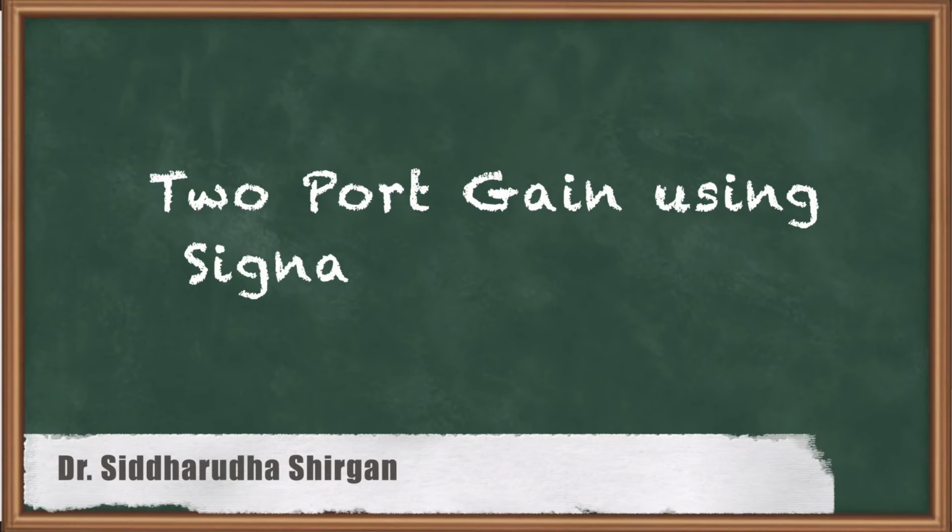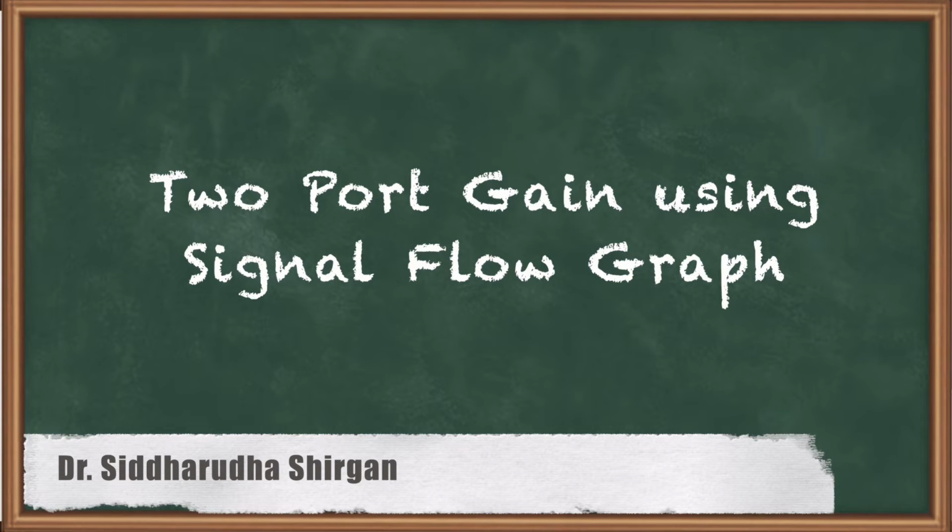Hello friends, in the previous video we have drawn the signal flow graph of source, load and a device section. In this video we are going to derive two-port gain using the signal flow graph.